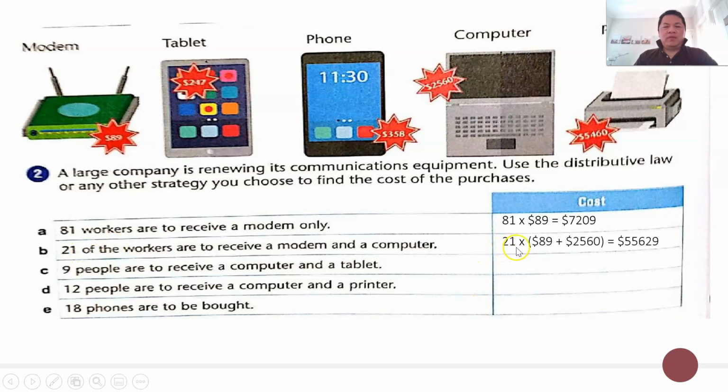Since there are 21 of them, it's 89 plus $2,560, the total cost of the two items, times 21. That's how I get 55,629. Do the same thing for the next two questions. Read carefully. This one needs two items. This one also needs two items. This one only one item. Okay, got it?